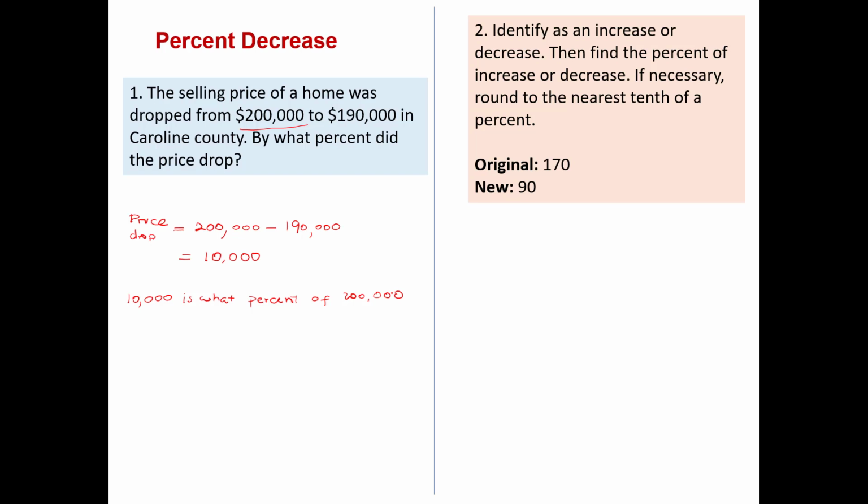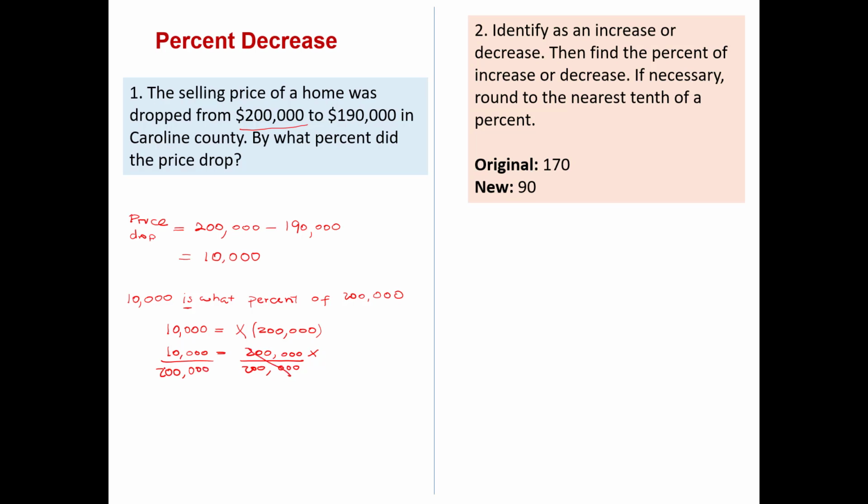And let's now write the equation. 10,000 is equal to what percent of 200,000. And again, you can write this like x, just divide by 200,000, and we will divide here by 200,000 also.